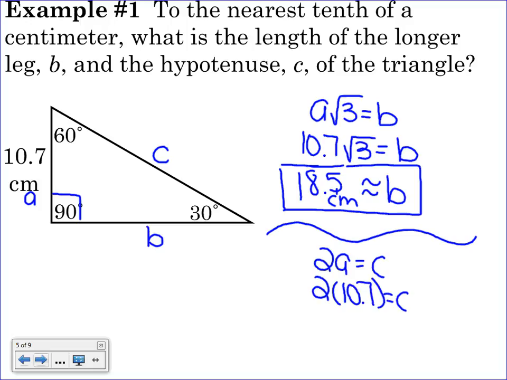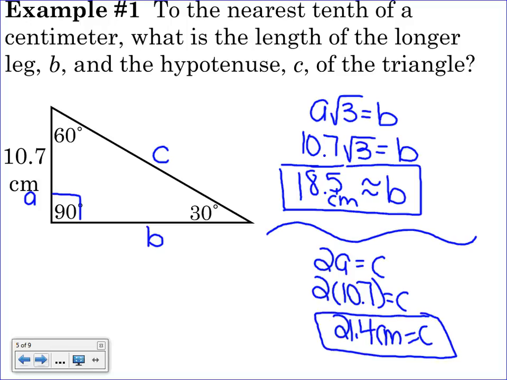So now we have 2 times 10.7. When we multiply that out, that comes to 21.4. That's also centimeters. So our hypotenuse is exactly 21.4 centimeters long.